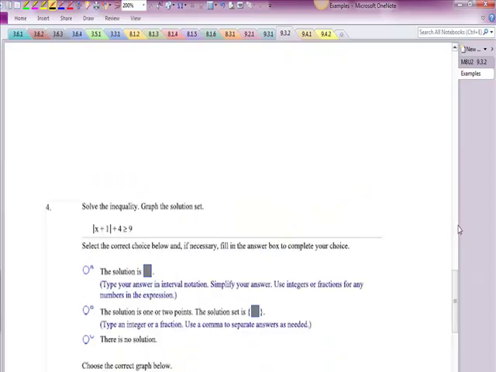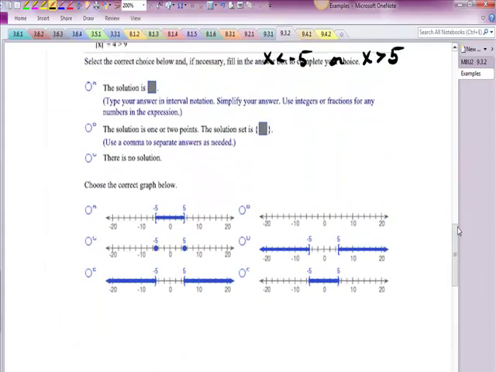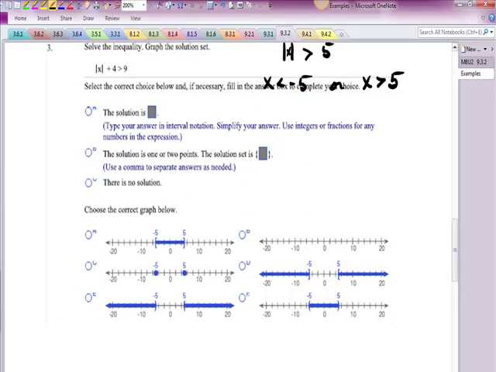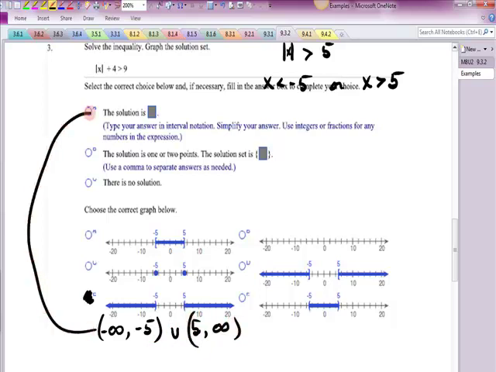In a graph, less than negative 5, greater than positive 5, it's going to be this one, and it is parentheses because there's no equal, and this will be from negative infinity to negative 5, parentheses always, parentheses in this case, union 5 to infinity, parentheses. This is what I will write for my solution.